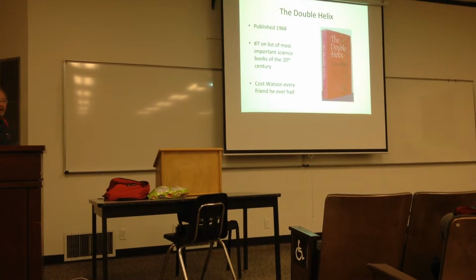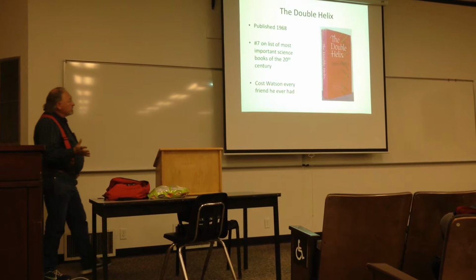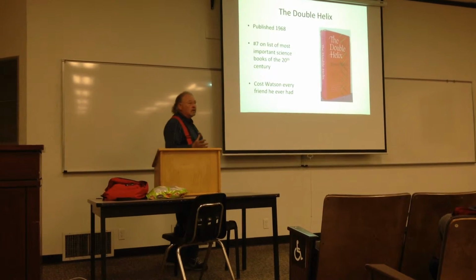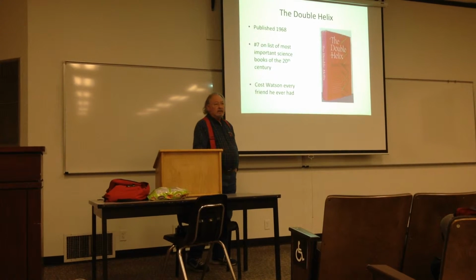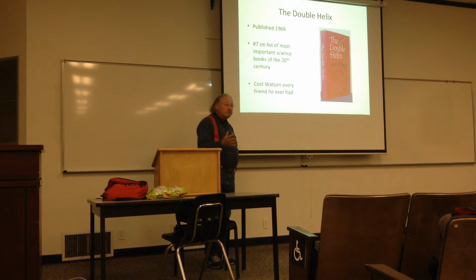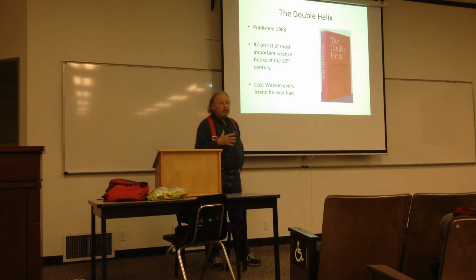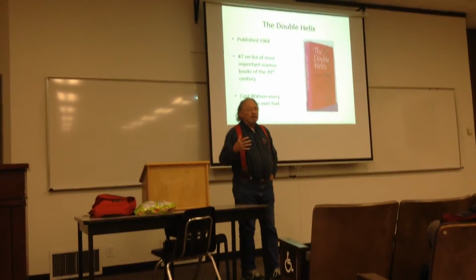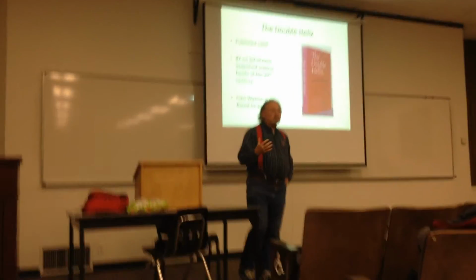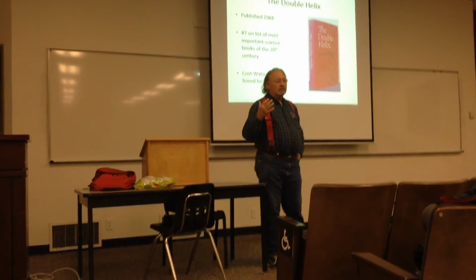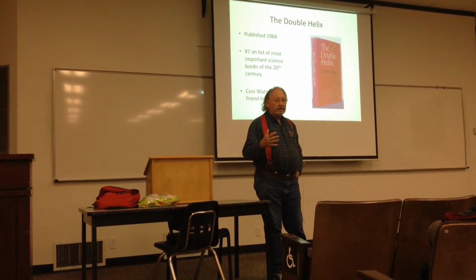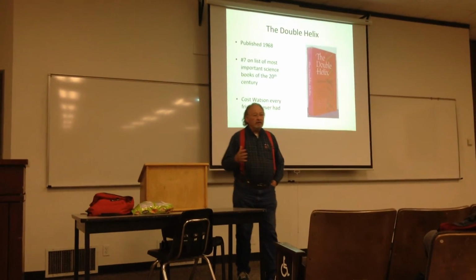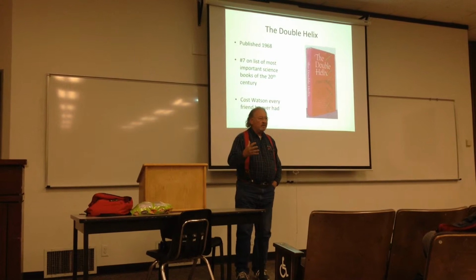If you want to read how they got it, an extremely readable bestseller called Double Helix was written by James Watson. It describes from his vantage point how the whole process went. He made a whole series of really stupid screw-ups on the road to getting there. There were some really dumb things that happened, but they finally put it together.